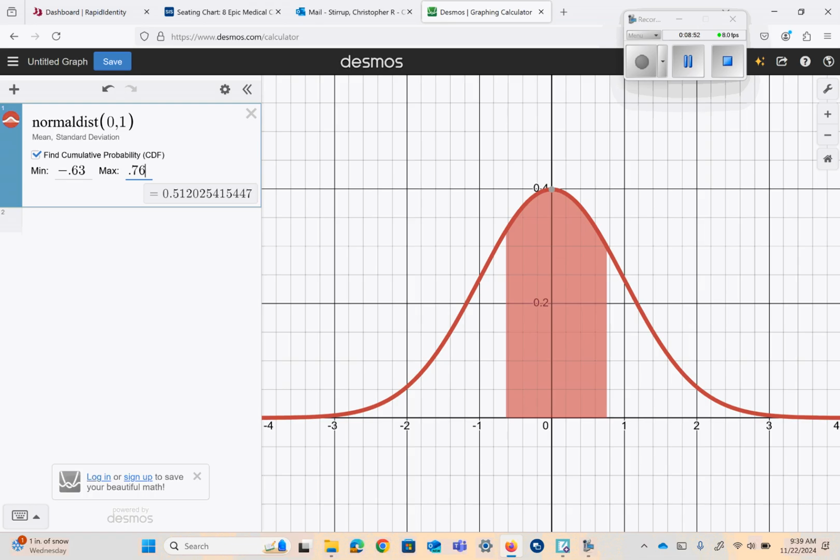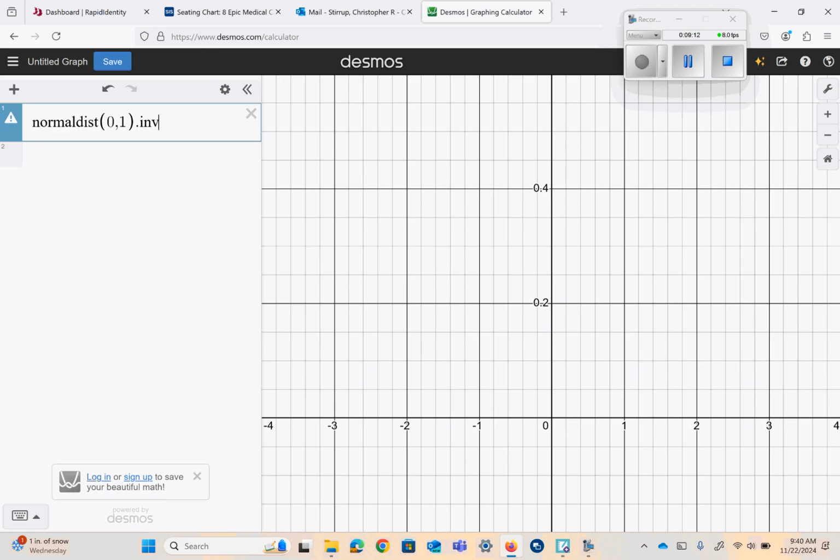For number 6, we're talking the 80th percentile, which means what number down here will have 80% of the area to the left of it. So what do I have to do on Desmos in order to make this one work? Yeah, inverse CDF. So period, inverse CDF. 80th percentile is 80%. 80% as a decimal is what? 0.80 or 0.8.